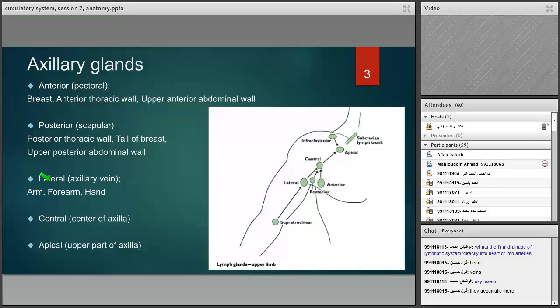The lateral or axillary vein lymph nodes, these group are near to the axillary vein. Okay, they are present beside the axillary vein, and they are receiving the lymph from arm, forearm, and hand. Look at here, from arm, forearm, and hand to the lateral group.